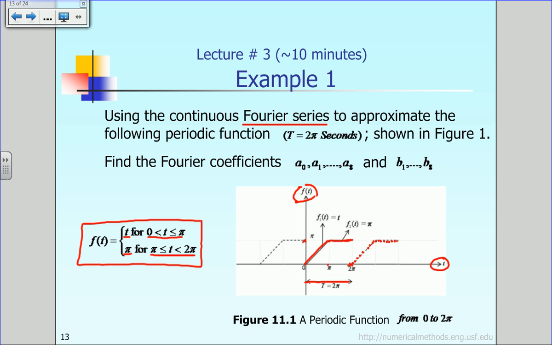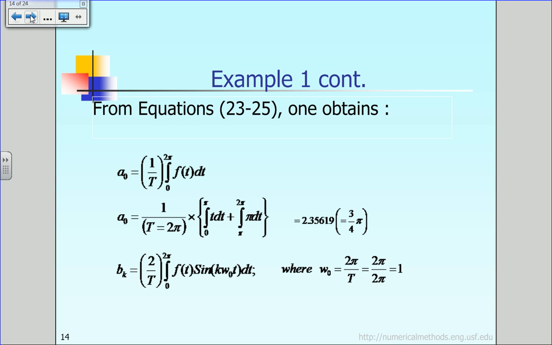All right, so let's see. According to the formula that we learned earlier, in order to use a Fourier series to represent a periodic function, we have to calculate the coefficient a0 according to this formula, which is 1 over T times the integral from 0 to the period T. In this case, the period T is equal to 2 pi, and you have to integrate the given function f of t.